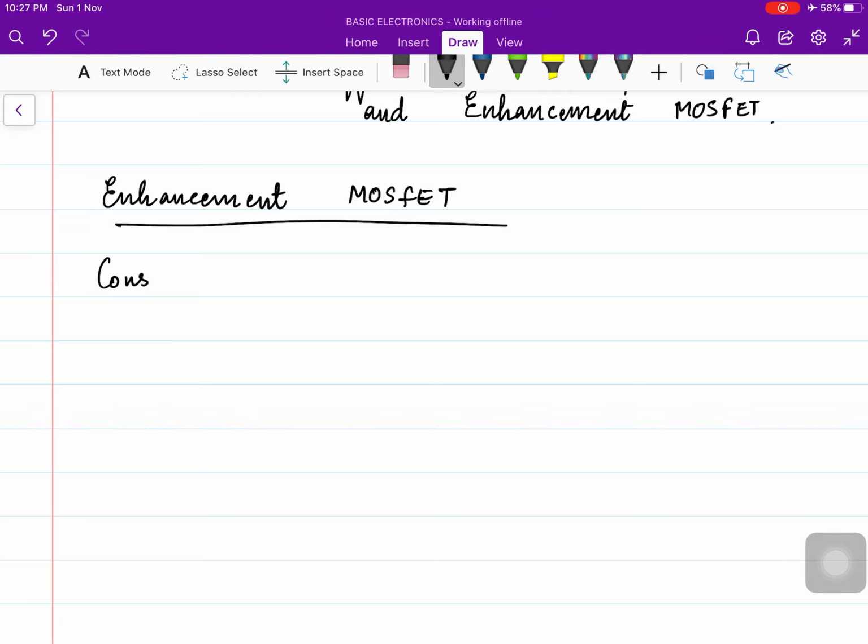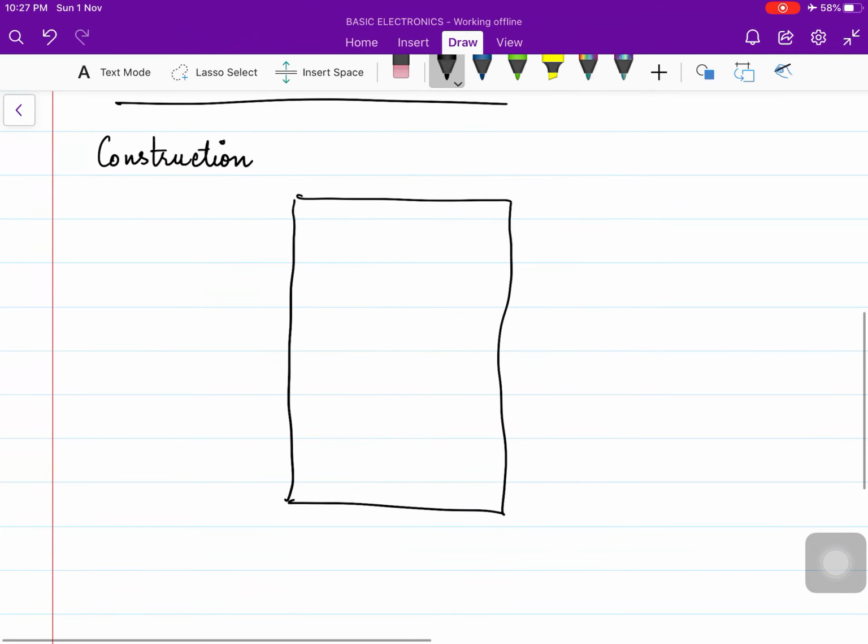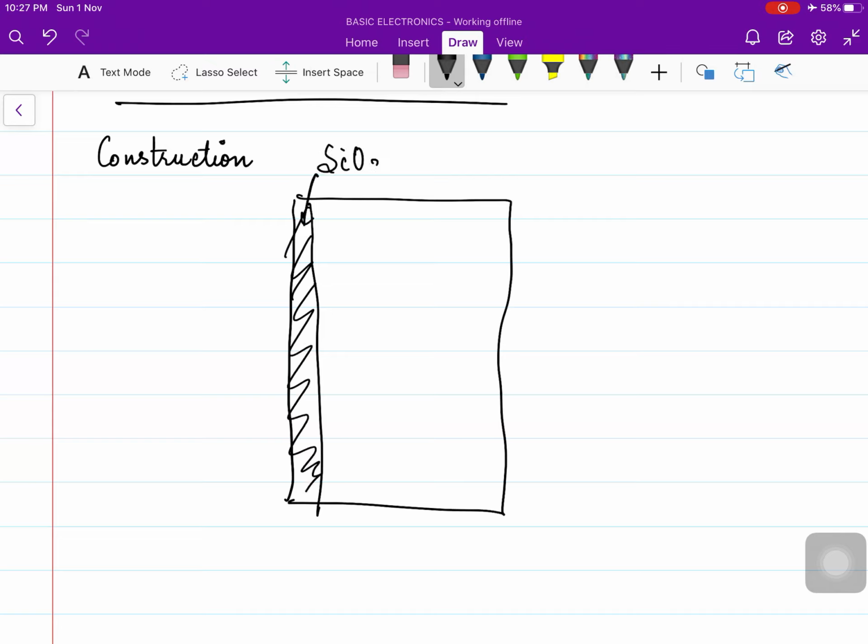First of all, we will see the construction of enhancement MOSFET. It is similar to that of depletion MOSFET with a very big, very noticeable difference. You will apply a thin layer of silicon dioxide as always. Then ohmic contacts will be pierced and terminals will be taken out, drain.